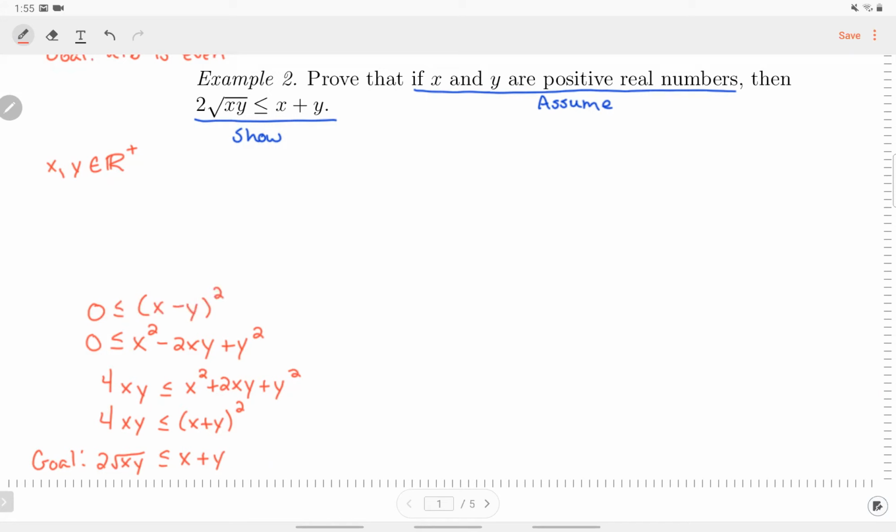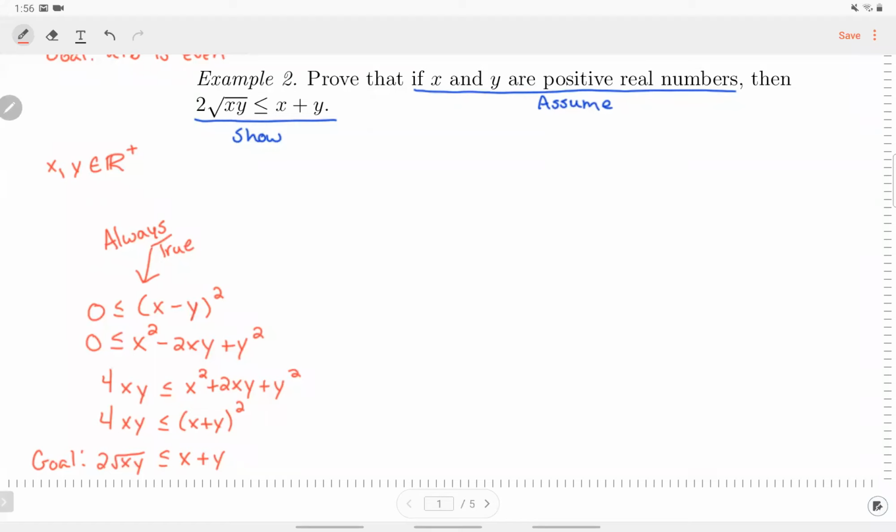So what I've been doing to this point, I've just been playing with it, rewriting it until I get to a statement that I look at and say, hey, that is always true. If I take any number, I don't care if x is bigger than y or smaller than y, when I square it, it is going to be greater than or equal to 0.